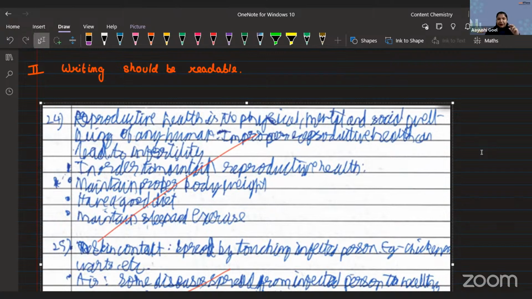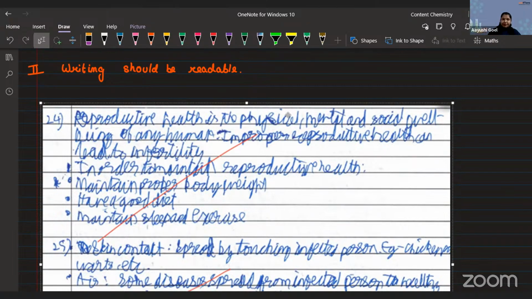This represents that when you are keeping a gap between your words, you can easily understand that part. So if your handwriting is like this, my suggestion to every student, write the differences in the words. A little bit more gap so it will be readable to the teacher and they will give you proper marks.